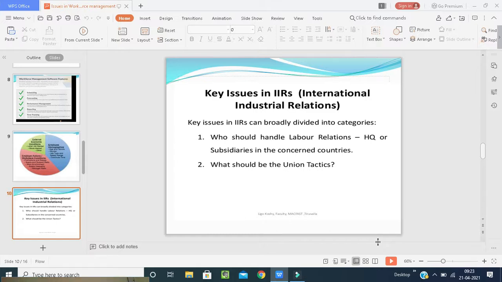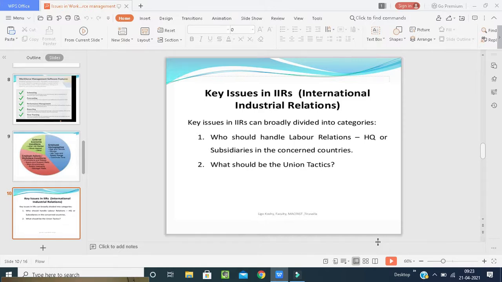Some of the key issues in international industrial relationships: a company has to handle labor relationships with whom, with the headquarters or subsidiaries in the concerned countries, what the union tactics should be, and what rules, regulations, and policies should be there with the unions.